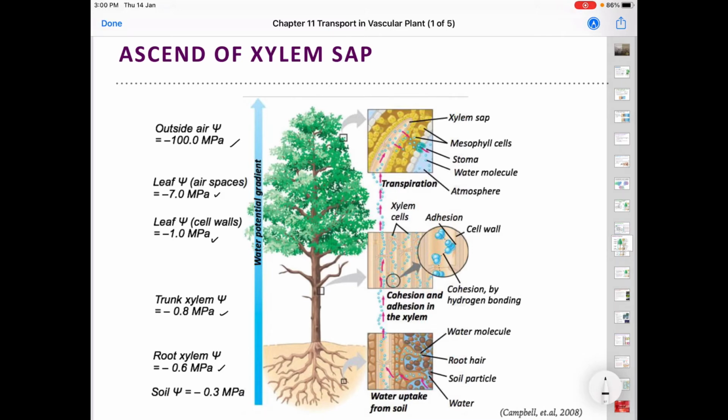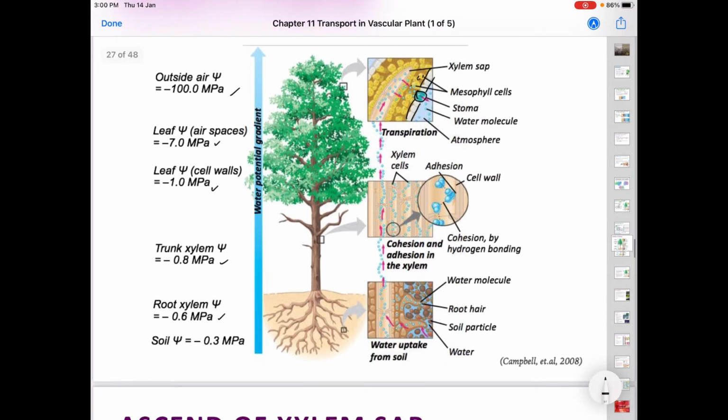And then this is the detailed image of the xylem sap, which is surrounded by the mesophyll cells. The mesophyll cells help to absorb or release water, and this is the stomata, which is found on the epidermal layer of the leaf.